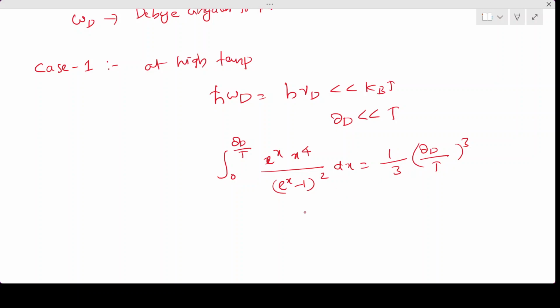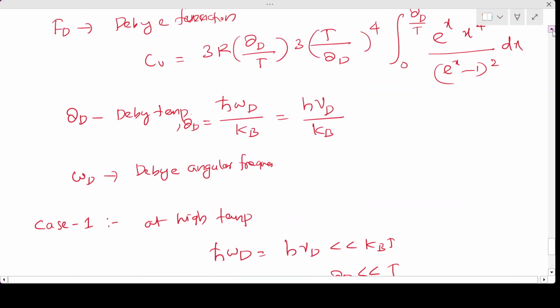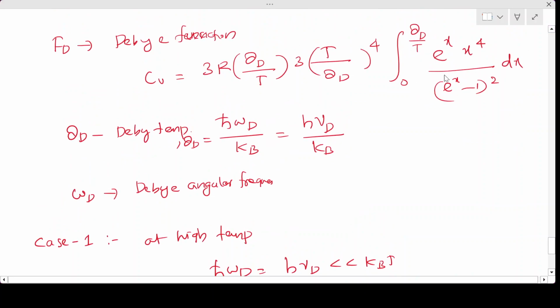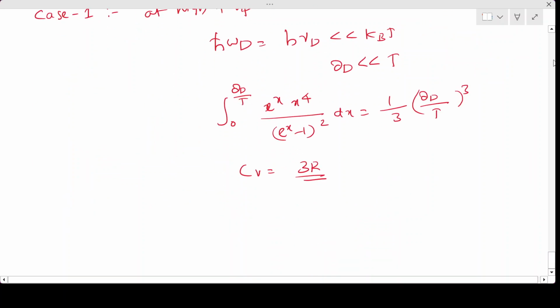If you put this expression into your CV, you can see that CV will again give us 3R. So if you substitute that here, the theta D by T cube will get cancelled, and CV will be 3R.